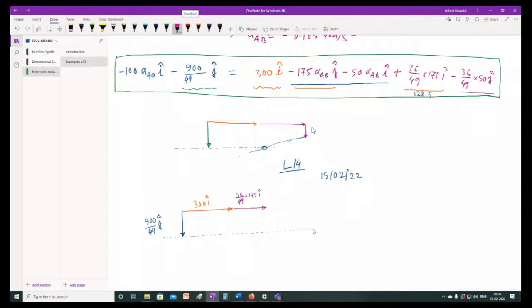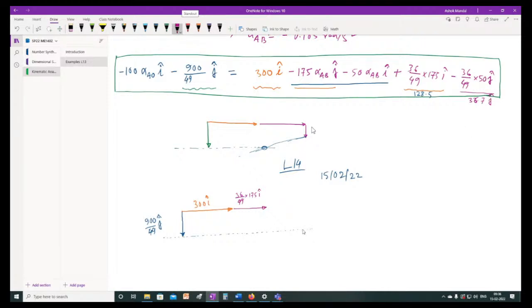The next component is this one, 36 by 49 into 50. What is this value? Almost 36.73, sir. Whatever it may be, and it is negative.